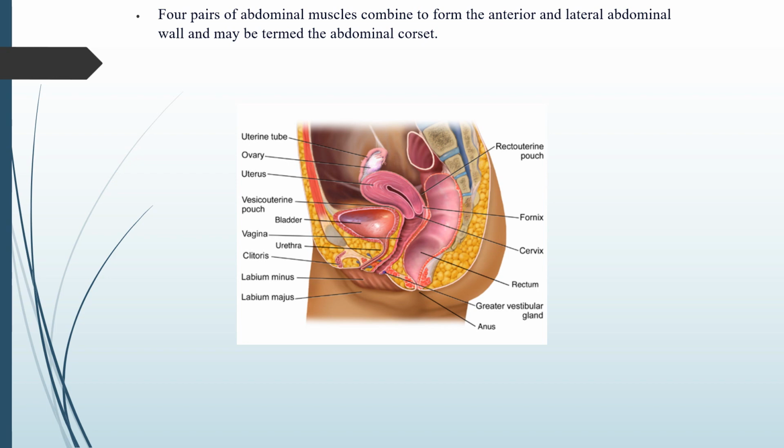Four pairs of abdominal muscles combine to form the anterior and lateral abdominal wall and may be termed the abdominal corset. This contains uterine tube, ovary, uterus, vesicouterine pouch, bladder, vagina, urethra, labium minus, labium majus, fornix, cervix, rectum, and anus.